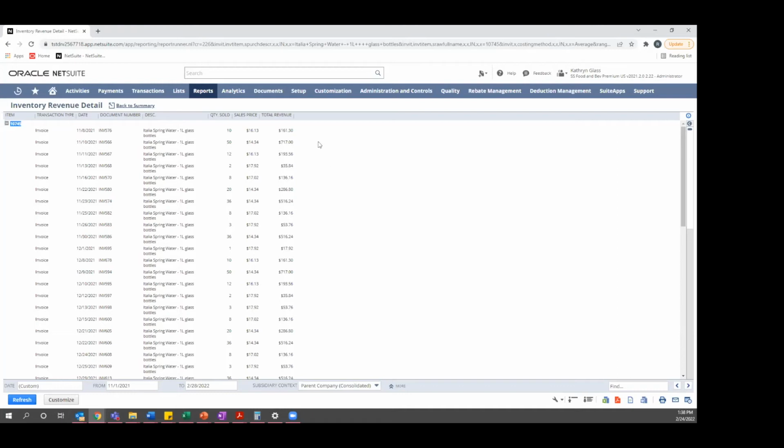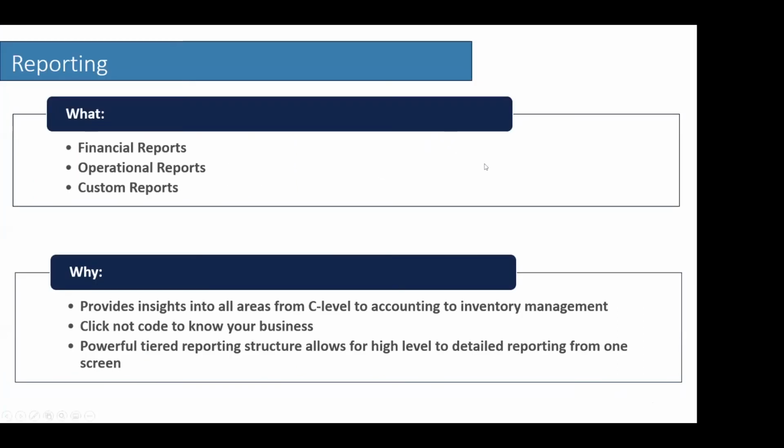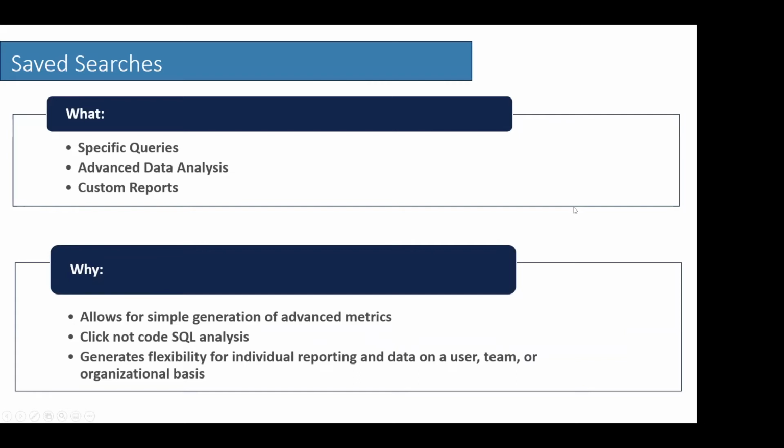Okay, excellent. So back to our PowerPoint for our last slide. The third pillar of what makes up NetSuite on a foundational standpoint are what's called saved searches. Saved searches function similar to reports in that it's data analytics.